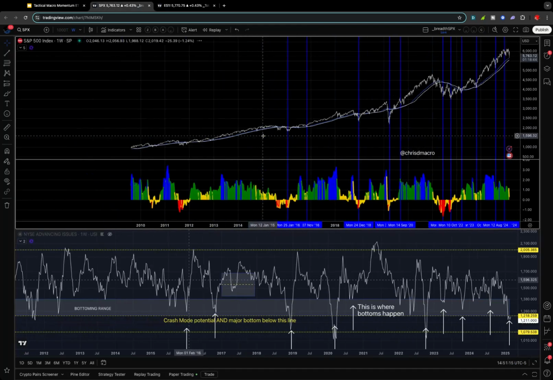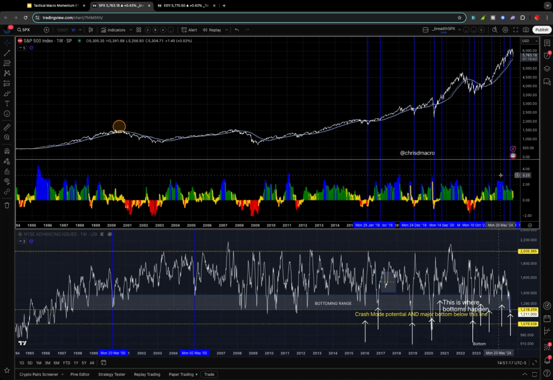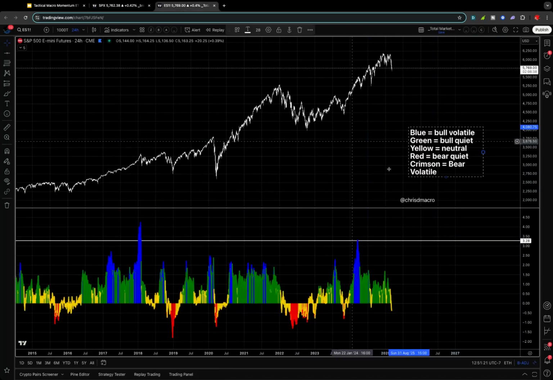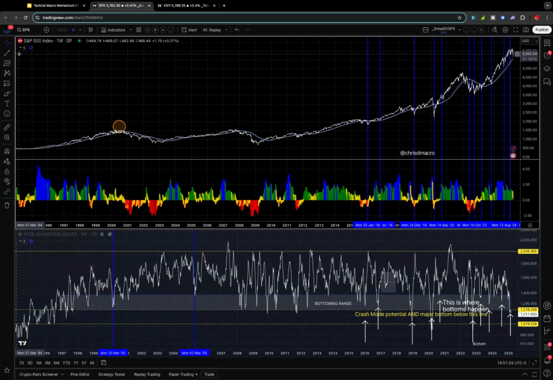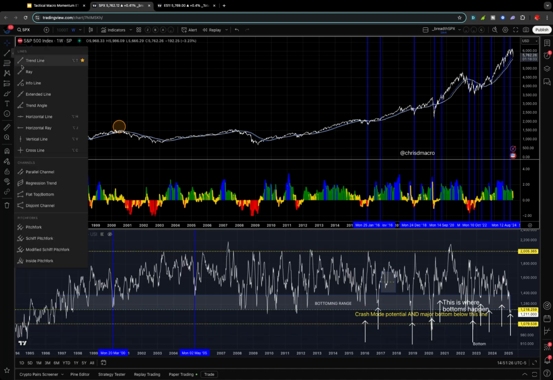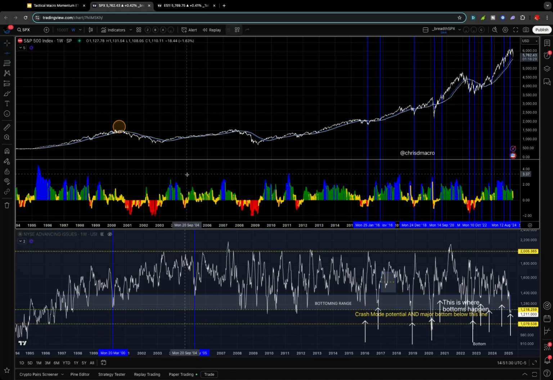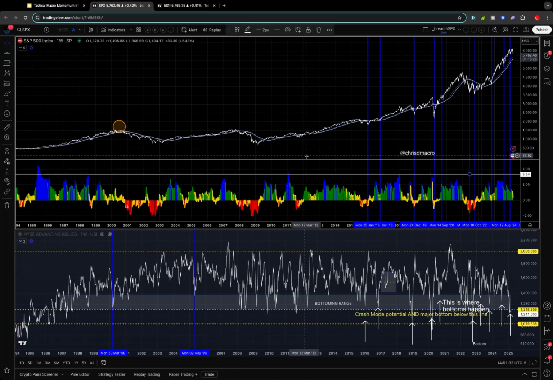We could take a look. This is a weekly chart, and we can go back and see what was our setting. Let's call it 330. We'll do a horizontal line at, okay. Looks like 2011.